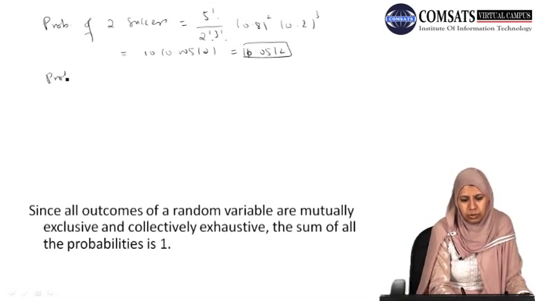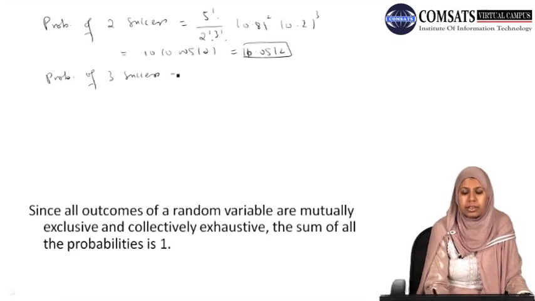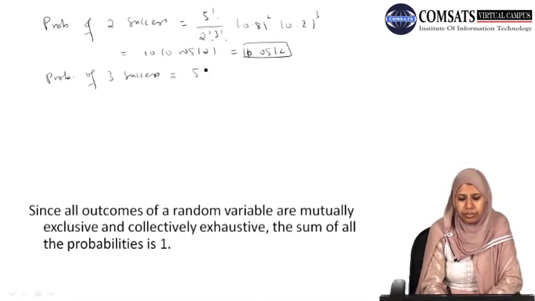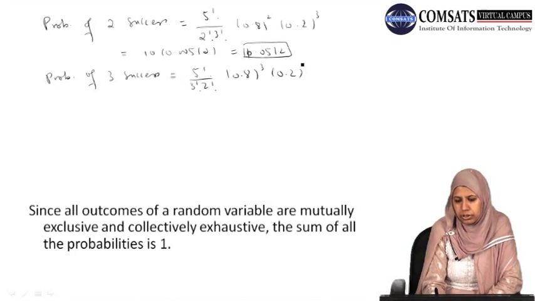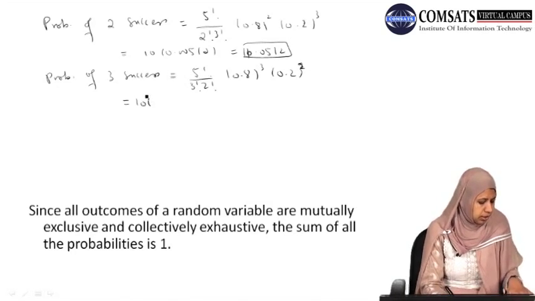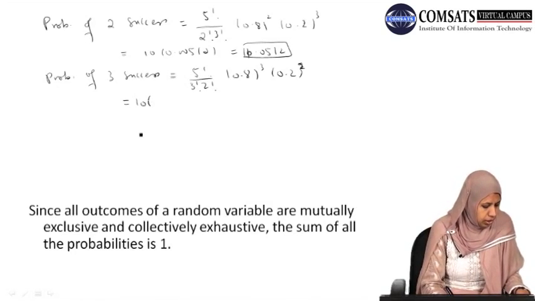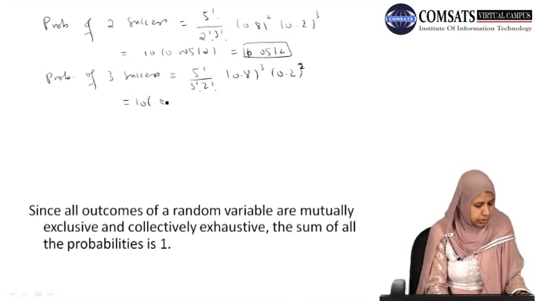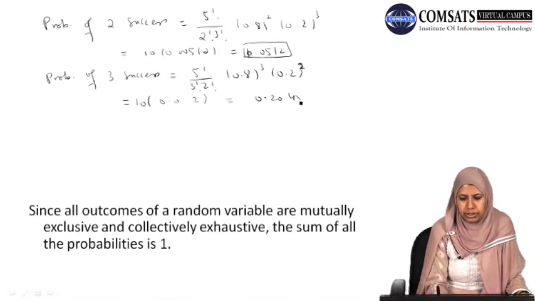The probability of 3 successes will be 5 factorial divided by 3 factorial into 2 factorial, 0.8 to the power 3 and 0.2 squared, which will be 10 into 0.02, which is equal to 0.2048.